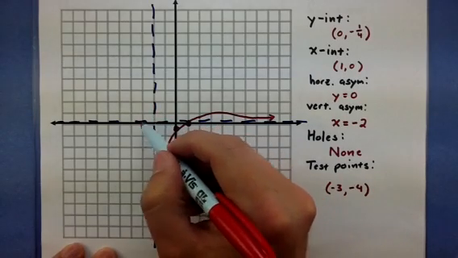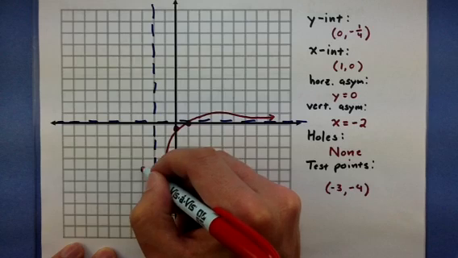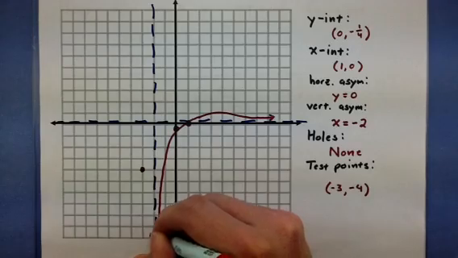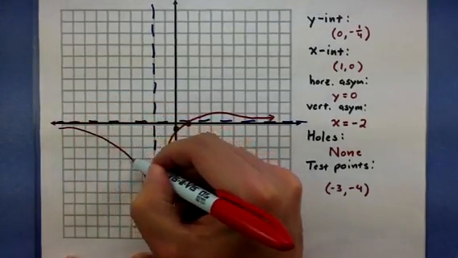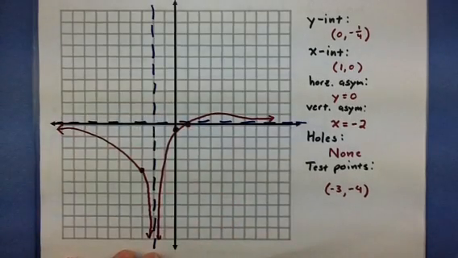So we know that it goes through that point right there. Well, now we got the last part of this. So we'll draw in that arm as well. And there's our sketch of the rational function.